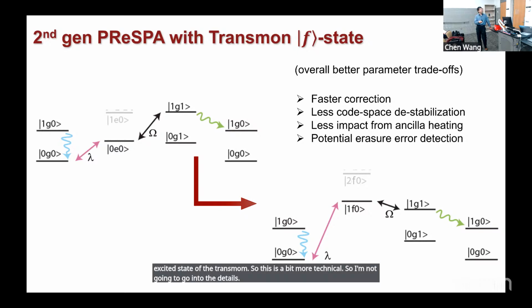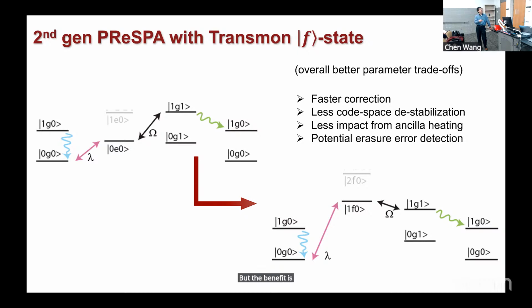But the benefit is that we can produce a fast correction with less code space destabilization with this process. It also has less impact from ancilla heating. The primary reason here is that using the second excited state, we have twice the dispersive shift from the ancilla.